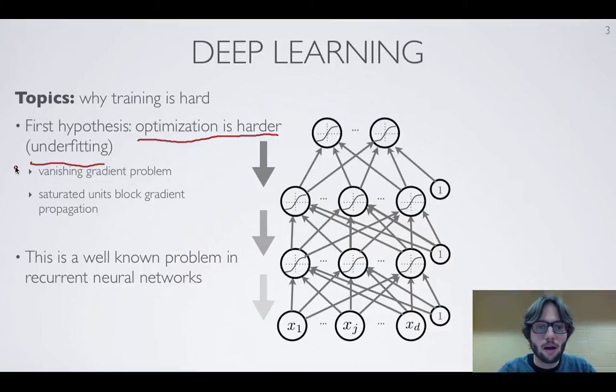So this difficulty of optimization is often illustrated by the vanishing gradient problem, which is a well-known problem in neural networks. It essentially corresponds to the following situation. If we go back to the backpropagation algorithm, whenever we take the gradient of the activation of a unit and pass that gradient to get the gradient of the pre-activation, we have to multiply by the partial derivative of the activation with respect to the pre-activation.